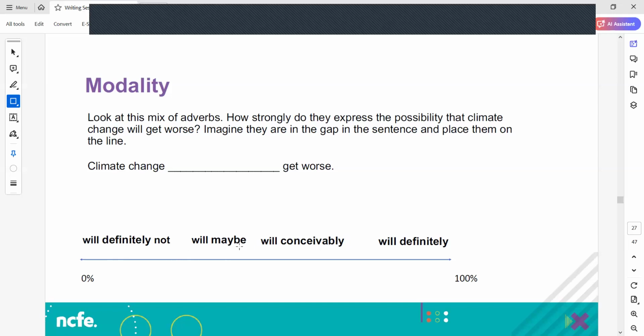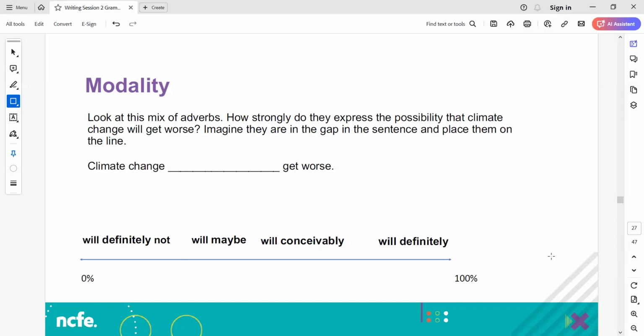We can still see the difference by the choice of words. Or could you say that possibly is more academic than maybe? Yeah, I guess it would be, yes.